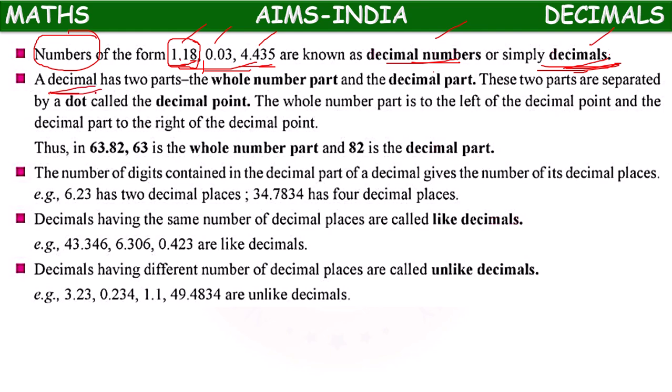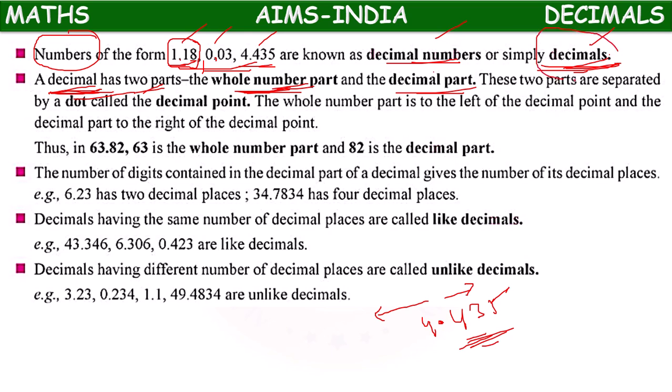Actually, a decimal has two parts. In 4.435, before the point, towards the left side, whatever part is there is known as the whole number part. And towards the right side, after the decimal point, whatever part is there is known as the decimal part.